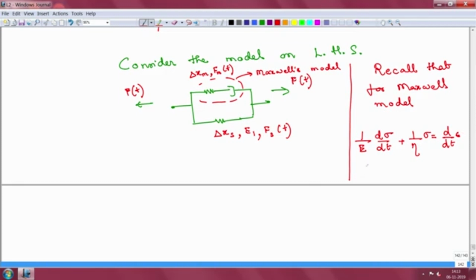So, let us rewrite this as d by E plus 1 by eta times sigma equal to d of E epsilon.